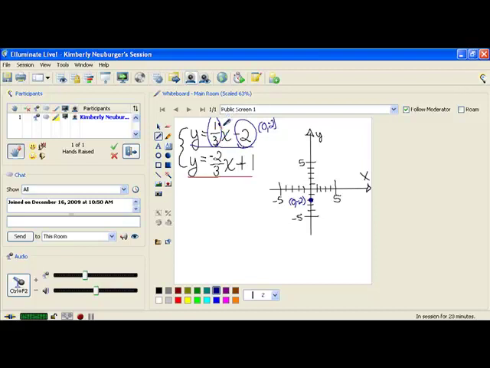The rise here is 1 and the run is 3. That means we're going to go up 1 and forward 3. So let's go to our starting point of (0, -2) and go up 1 and over 1, 2, 3. We land right here, which is the point (3, -1).